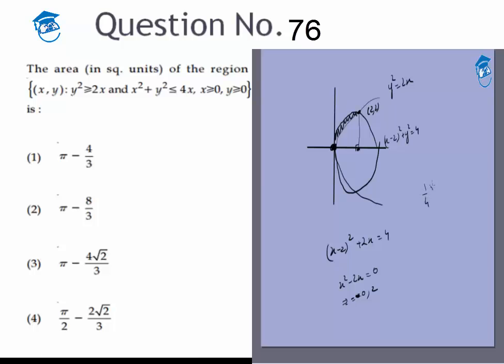So 1 by 4 into pi r squared, pi into 2 squared, which is pi. So the total interior is pi minus, now we need the exterior of the parabola. So what we'll do is we'll subtract this region, interior of the parabola. So minus integral from 0 to 2 of y dx.